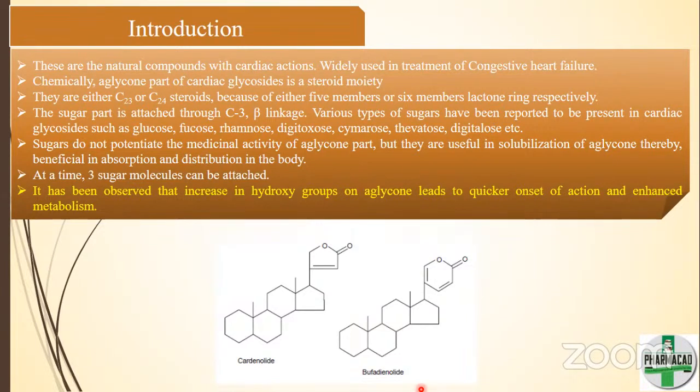Various types of sugars have been reported in cardiac glycosides, such as glucose, rhamnose, digitoxose, thevetose, digitalose and others. Digitalose and thevetose, for example, have only a minor difference in sugar structure, that is the placing of the hydroxy group and the hydrogen at the opposite end. Such minor differences, or one carbon atom extra or less, create these types of sugar.